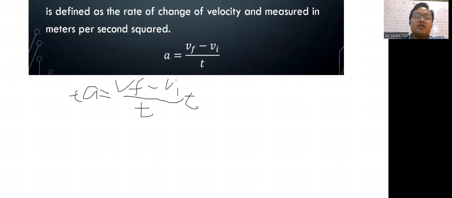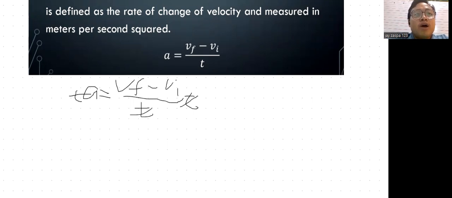As you can see, the time here will be cancelled out because it's division. You can put time here and time on the other side, both sides. In other words, you multiply both sides by time. So the time will be cancelled out, because this one is division, it's divided, but you put time here, so the time will be cancelled out.